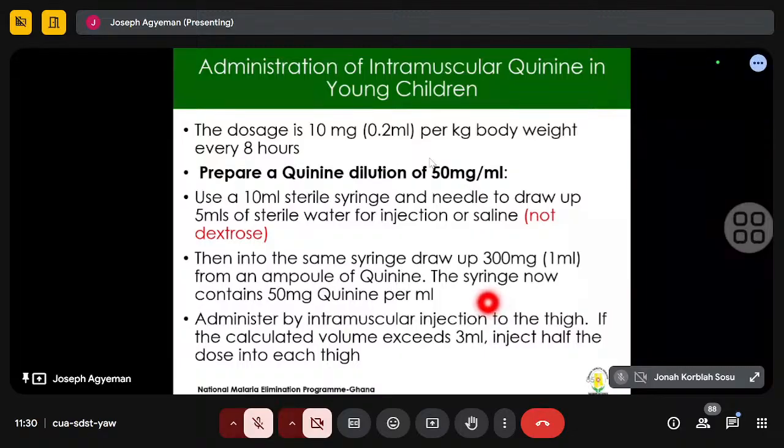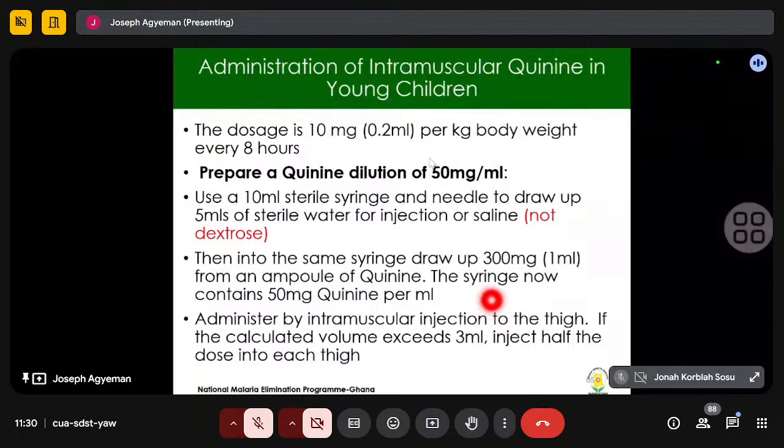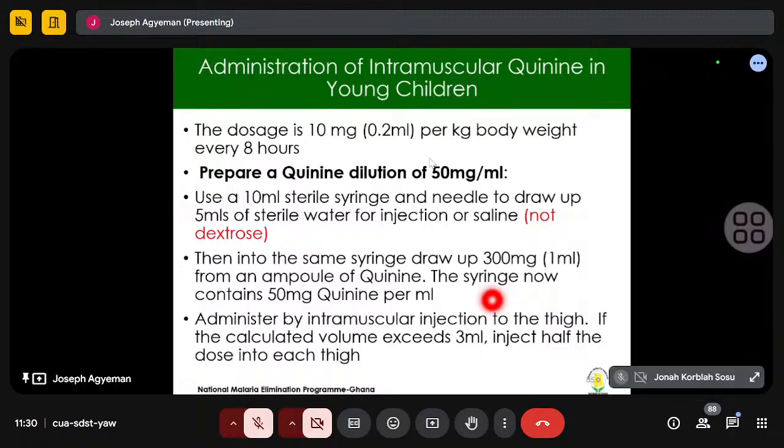Class captain, you are still not getting the fact. Before we get to the dose, even without any information on the dose, once we know that we are dealing with a pediatric patient, what comes to mind is we are going to dilute the existing quinine to a strength of 50 milligram per mil. So that is our first task, before we even consider the dose and how much to give.